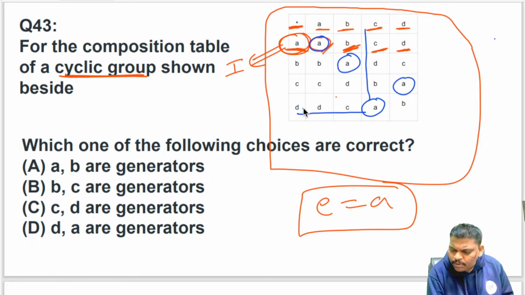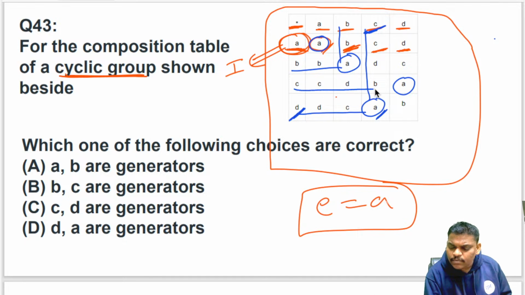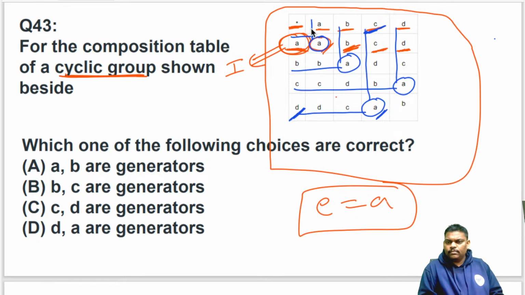Remember everyone, D inverse is C, because their operation gives A. In a similar way, B inverse is B. Next, C inverse is D. Next, A inverse is A. After finding the identity element, in every row circle the identity element.